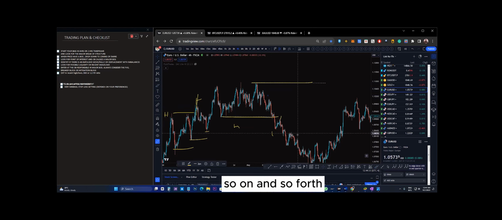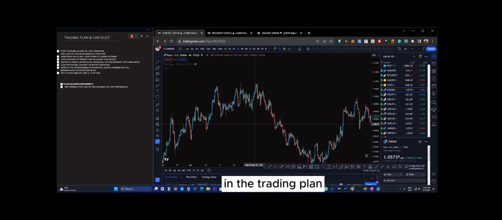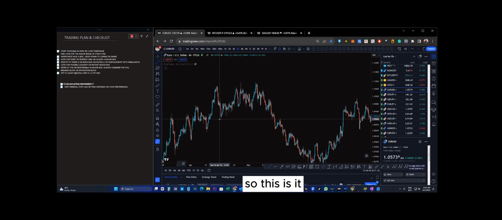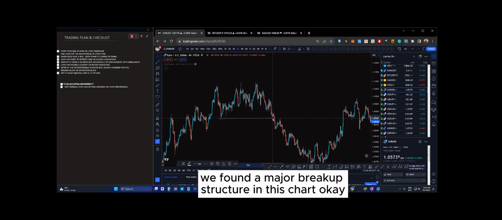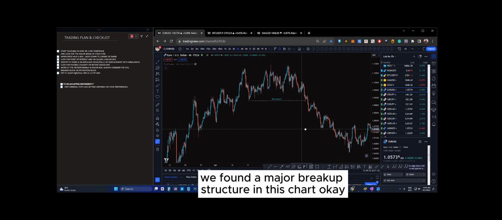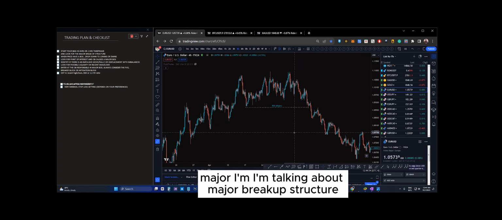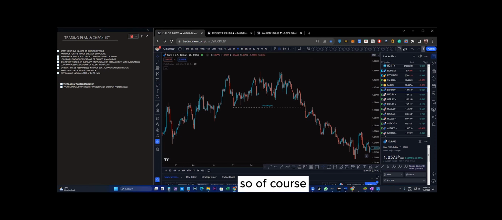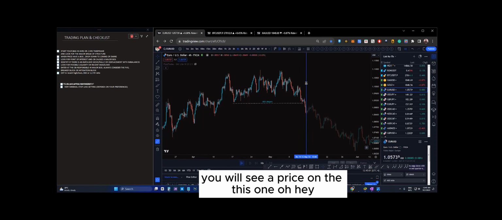Okay? Now, in the trading plan, first start your bias in the 4 hours or 2 hours time frame and look for a major breakup structure. So, ito na nga. This is it. We found a major breakup structure in this chart. Okay? I'm talking about major breakup structure. So, of course, you will see a price on this one.